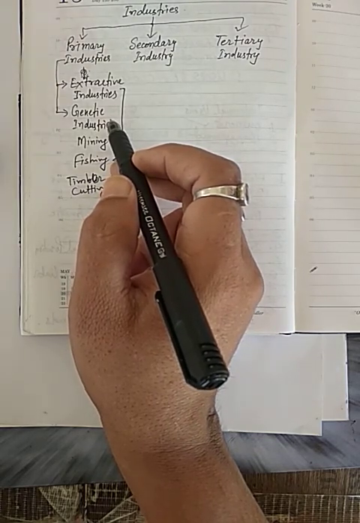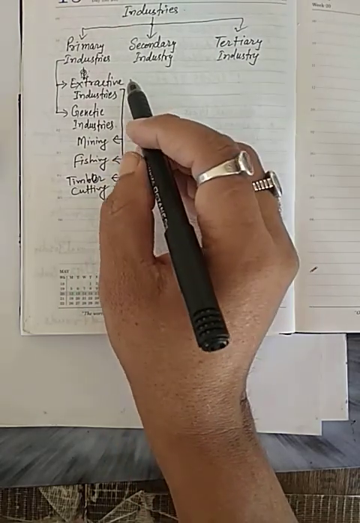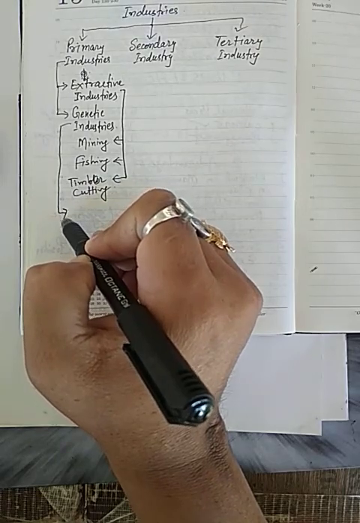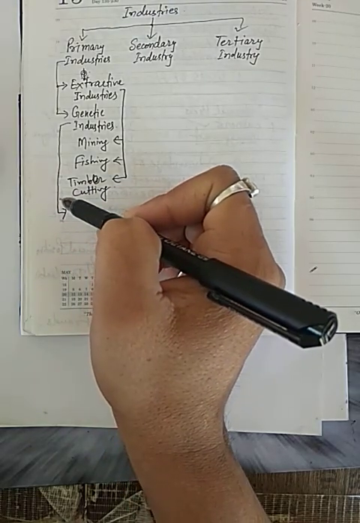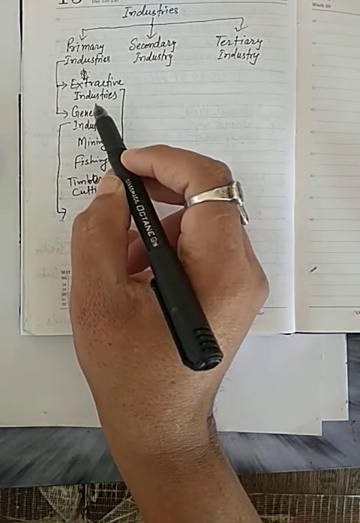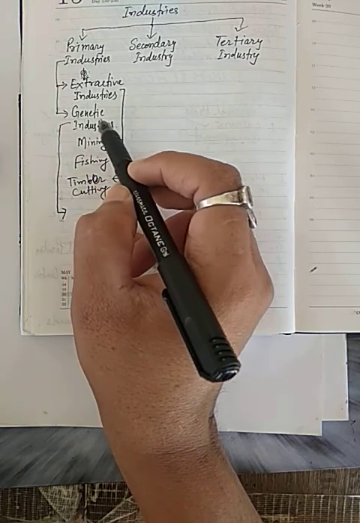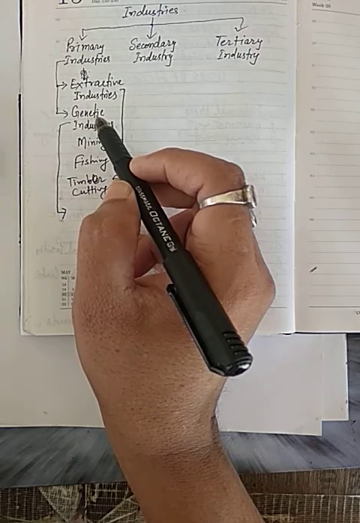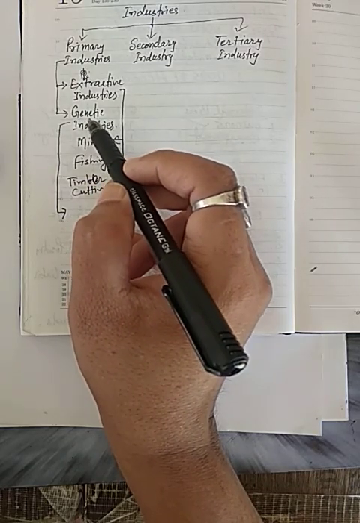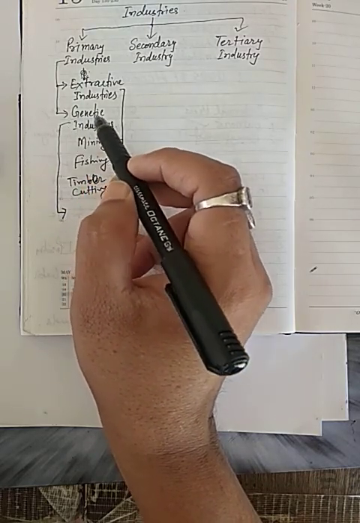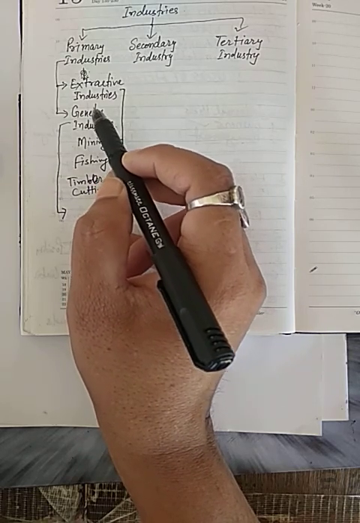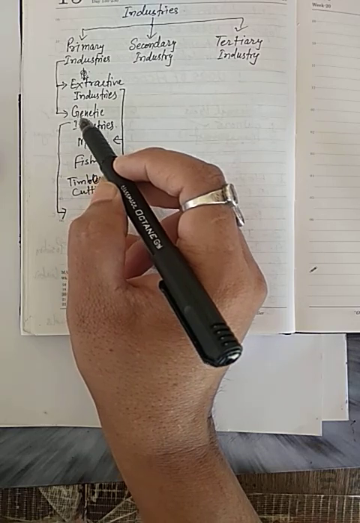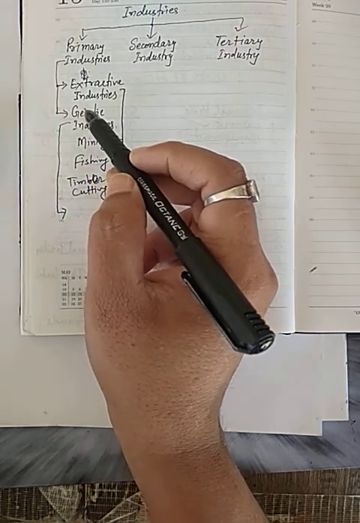For example, the industry involved in the activities of rearing and breeding of living organisms, that is birds, plants, animals, etc., is known as genetic industry.